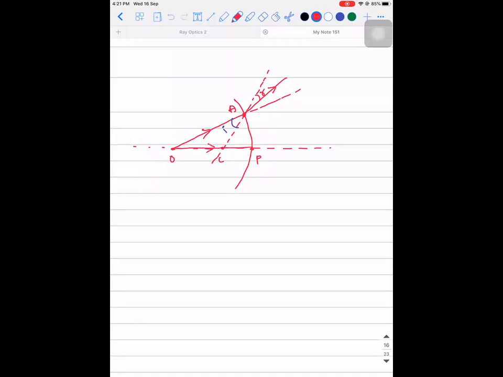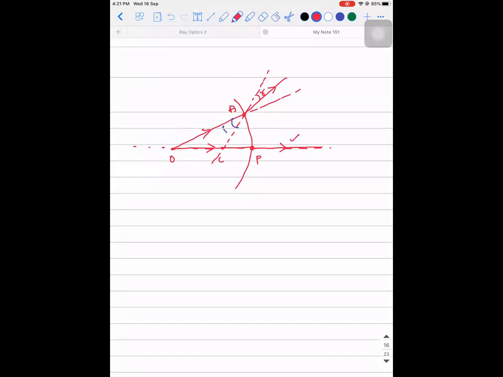So when you consider the other ray like this, at the point of incidence, if you draw the normal, it is going to pass through C. So if you take the ray OCP, what is the angle of incidence? 0. So what will be the angle of refraction? That will also be 0. Right?